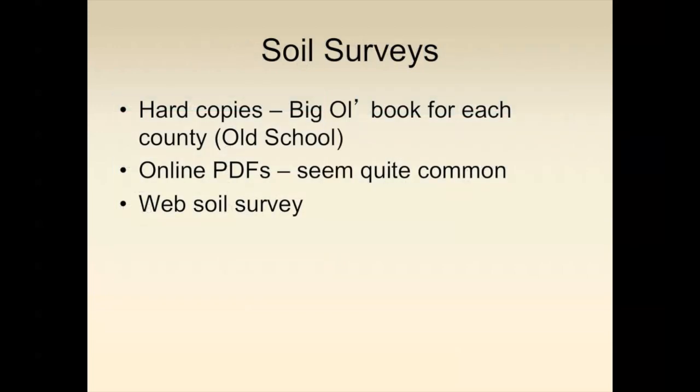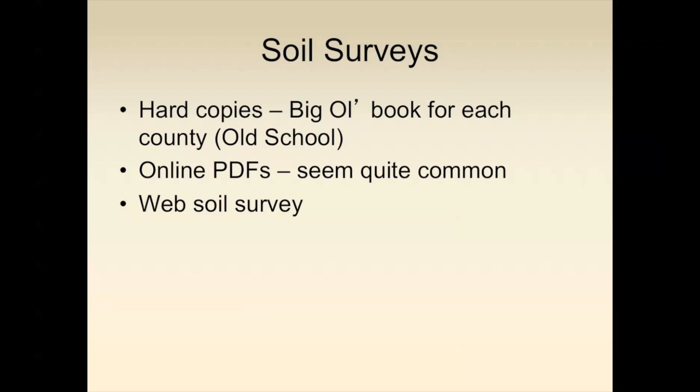Okay, in the old days, you'd have soil surveys, and each county office of the USDA would keep copies, and you could go in and ask for one. And it was a big old book. It was about this size, pretty much like a telephone book, and it had maps, and then soil descriptions. Today, we're much more used to online Adobe Acrobat files, and these are soil surveys over the whole area.